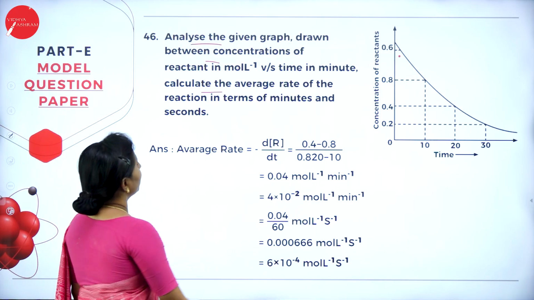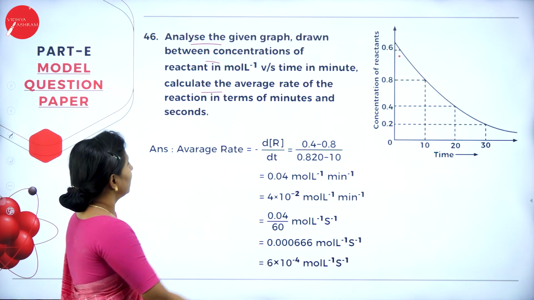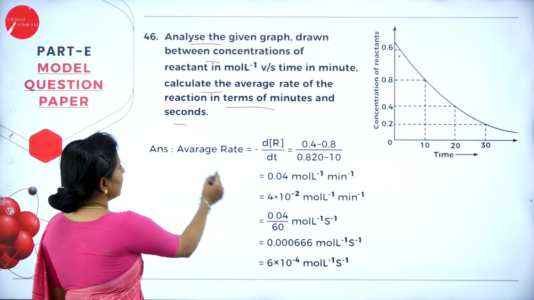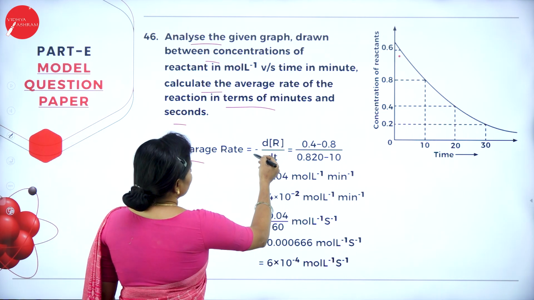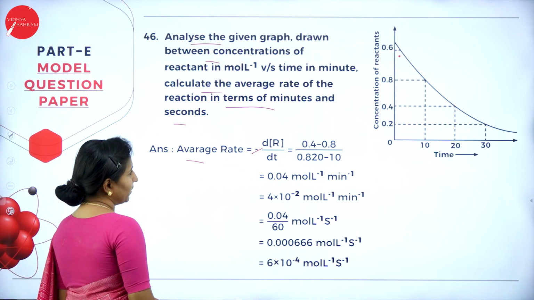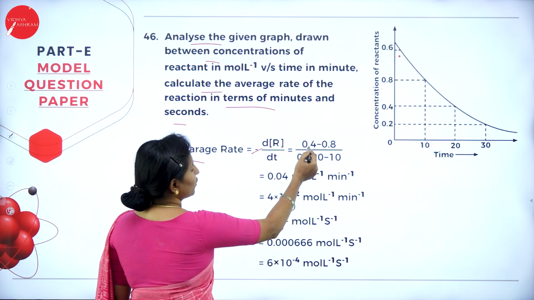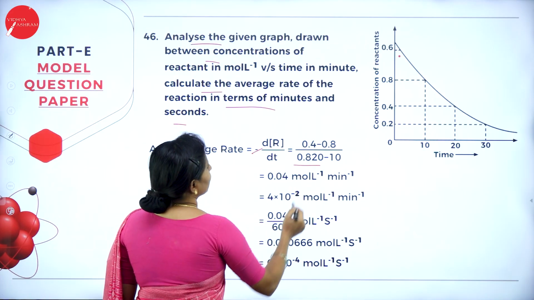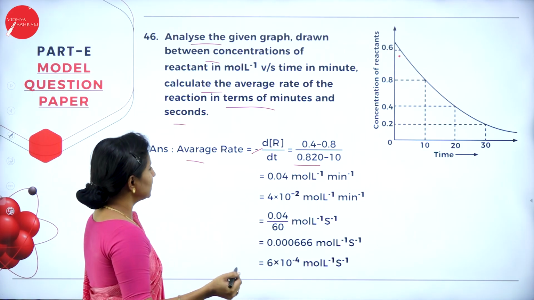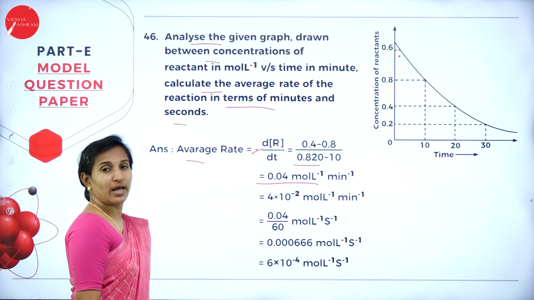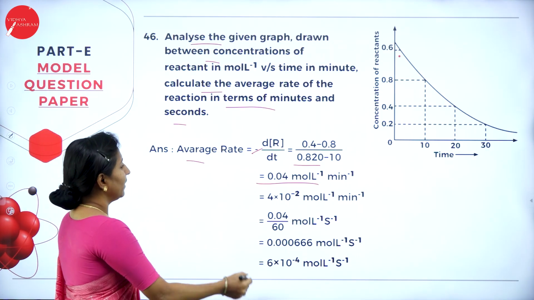Analyze the given graph drawn between the concentration of reactant in mole per liter versus time in minute. Calculate the average rate of the reaction in terms of minutes and seconds. Average rate equals change in concentration of reactant with respect to time t, that is 0.4 minus 0.8 divided by 20 minus 10, that is 0.04 mole per liter per minute.